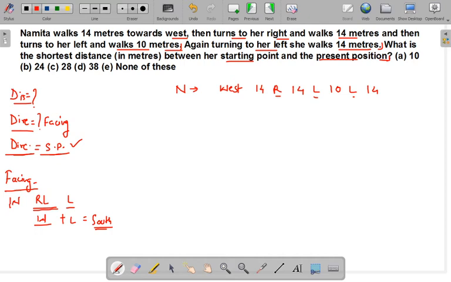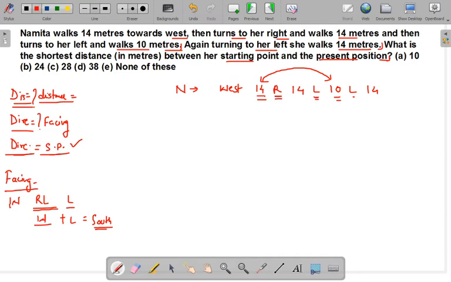Second question. First question, that is distance. For finding out distance, what we will do is we'll look at this first and we'll look at this third. The two directions are right and left.